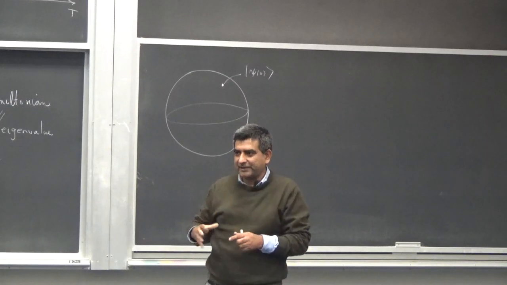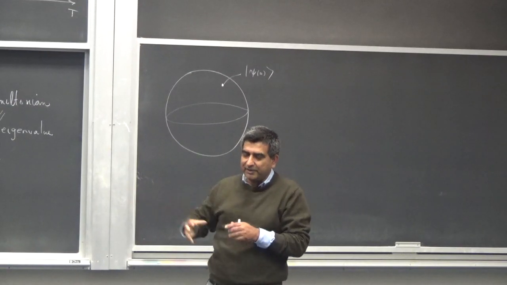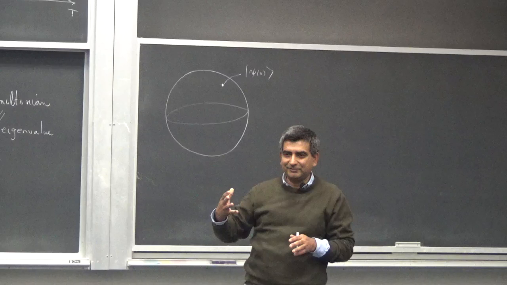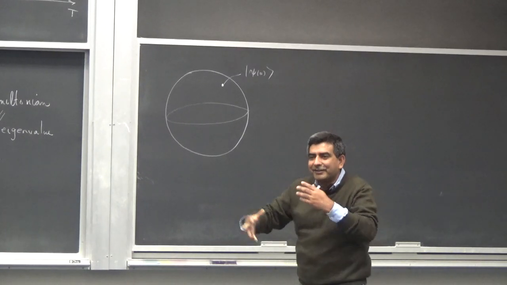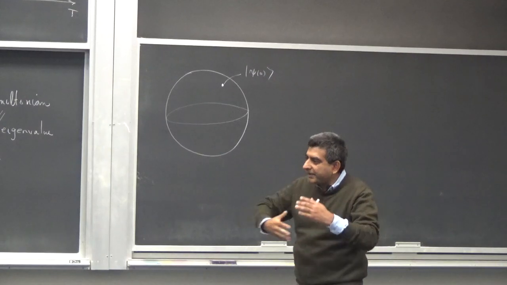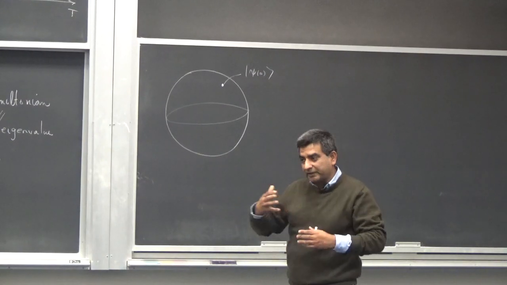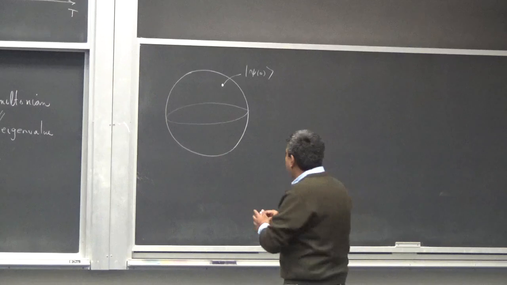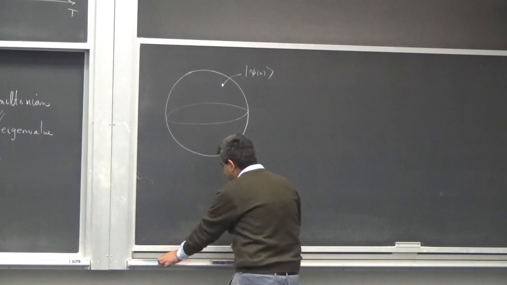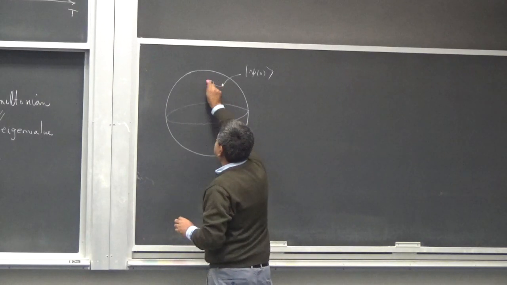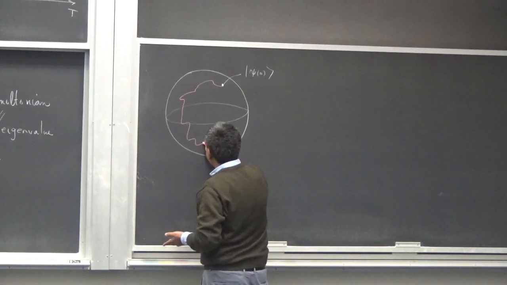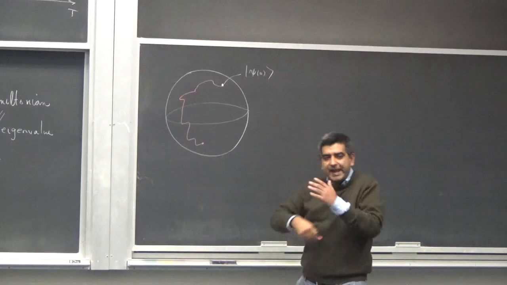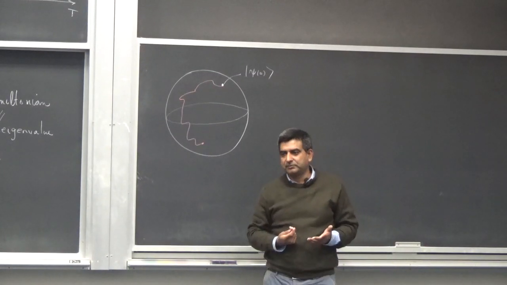So we have to understand that, and we'll make that connection clear in a minute. So you switch on the Hamiltonian, and under the influence of that Hamiltonian, time starts ticking and the state starts to evolve with time. And when it evolves with time, it takes some trajectory. You don't know what the trajectory is, it depends on the Hamiltonian. It takes some trajectory and ends up somewhere else, possibly on the Bloch sphere.